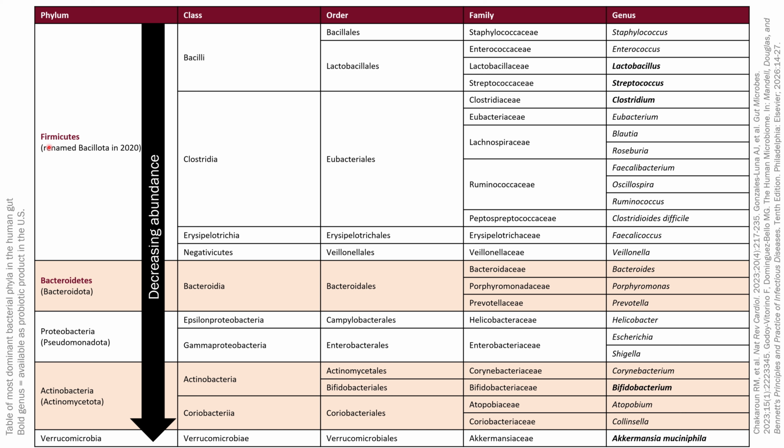So by far the largest phylum is Firmicutes, followed by Bacteroidetes, and taxonomical naming has changed, but essentially clinically people still go by the old name, Firmicutes and Bacteroidetes. And then there are other classes, and you can see many of these are available as also probiotics, which we will discuss shortly.